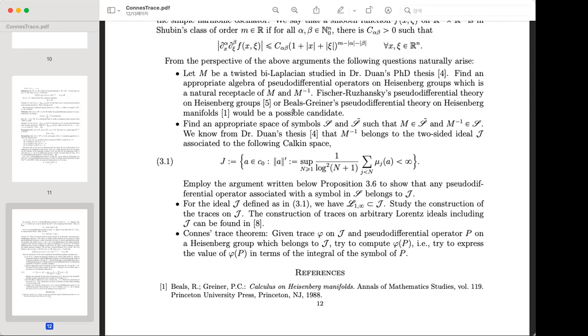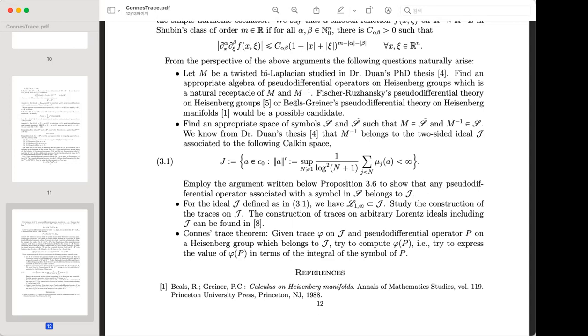But for now, I'm not sure what kind of symbol space I must use to adapt all the strategy already studied in the case of Euclidean space.